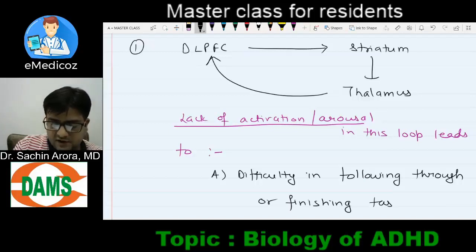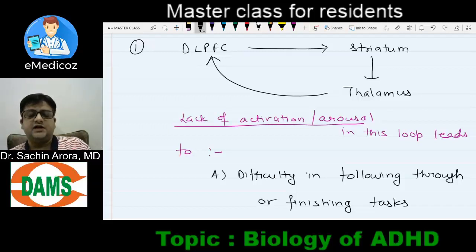Understand, what do you mean by sustaining attention? Attention can be drawn and has to be sustained in order to finish a task or follow up how much I have done. Now this function, sustaining attention, is due to effective information processing involving the CSTC loop with cortical primary center as DLPFC. When this information processing is not normal, the person cannot follow up or finish the task.